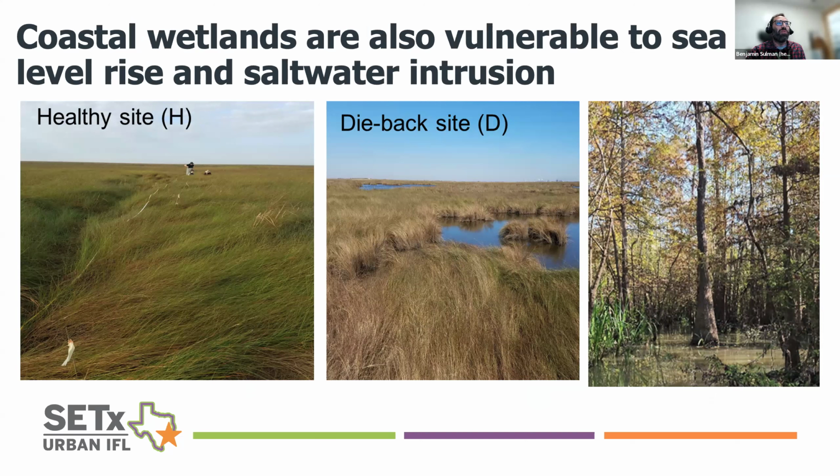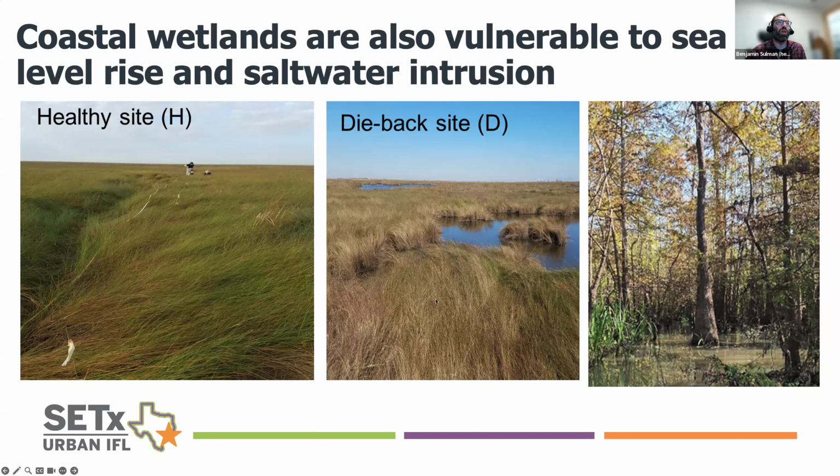At the same time, a lot of these wetlands, particularly in coastal areas, are vulnerable, and in a lot of areas, including the Beaumont area, they are in decline. So here's one example from some of the field sites that Matthew Hoke is working at. We can see some of these salt marsh areas are healthy. They're doing pretty well. The plants are productive and stable.